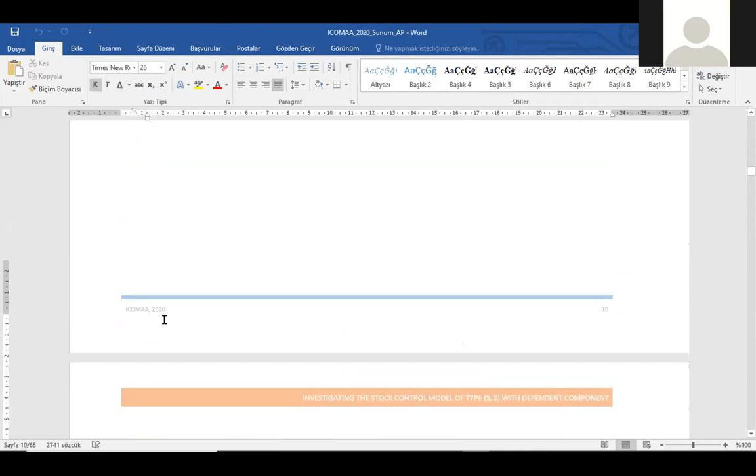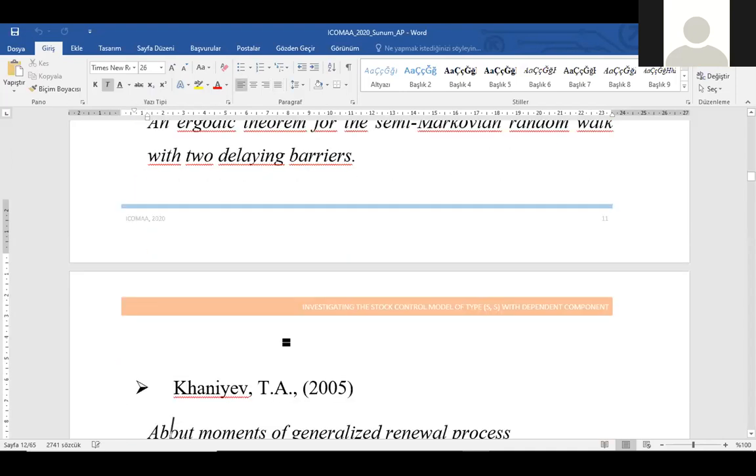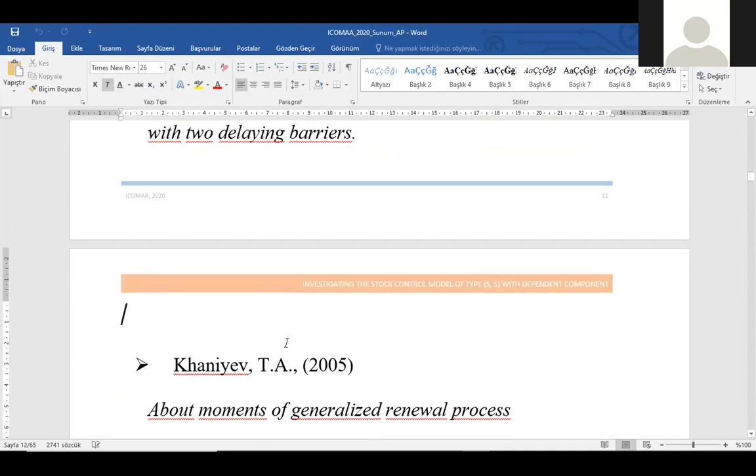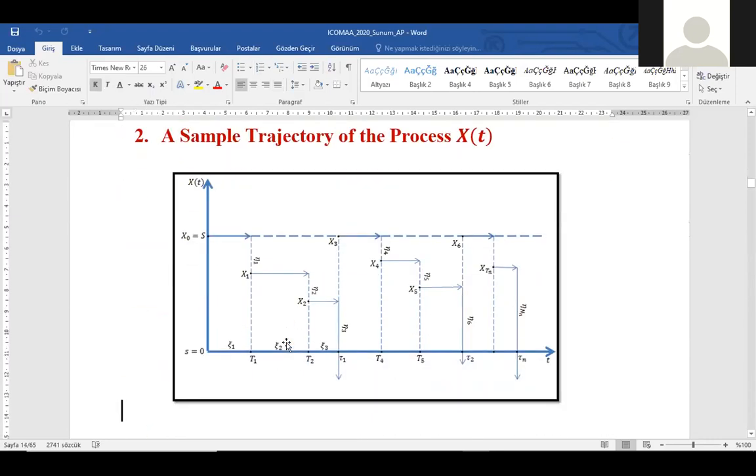Many of these studies are about stochastic processes with independent components. A stochastic process with dependent components is studied in Brown and Solomon's papers and Khaniyev's papers, but there are few studies in the literature about these topics.